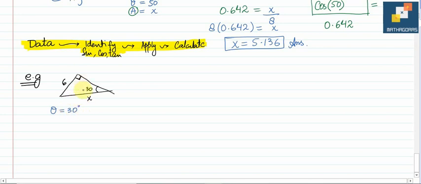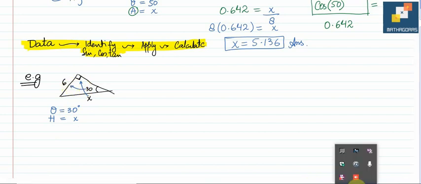After that you need to highlight which side is x. X is basically facing 90 degree, and the side that facing 90 degree is basically your, very good, hypotenuse. And the side that faces your angle is basically your opposite, and opposite is 6.